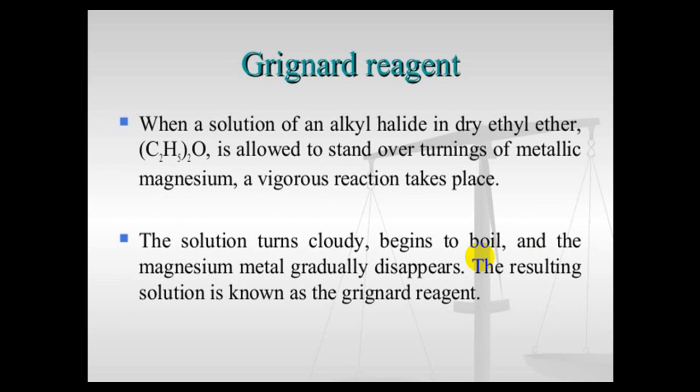The Grignard reagent, as I say, is made from alkyl halide in the dry ether. In the dry ether, when we use Grignard reagent in preparation of any compound except alkane.